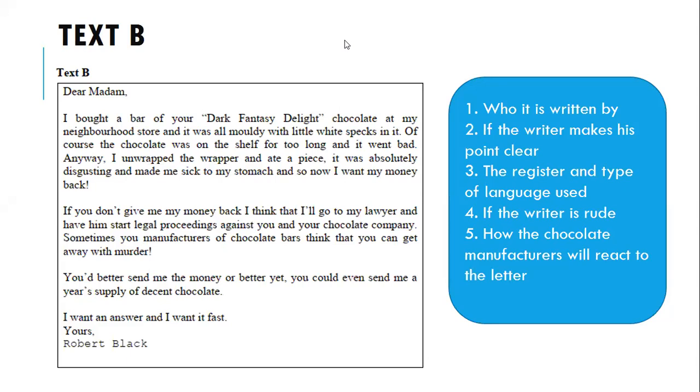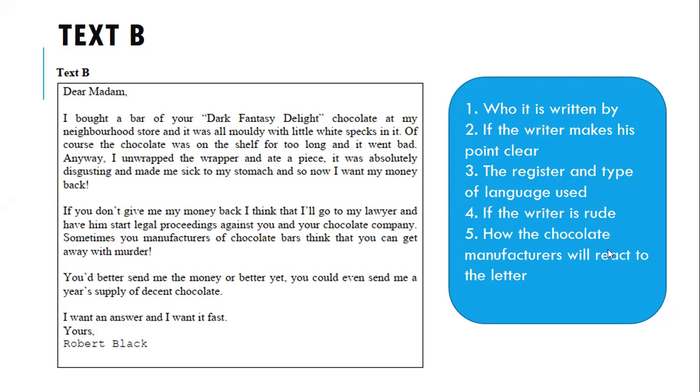But still, even though it is an informal letter, there should not be any contraction. Jadi meskipun informal letter, tidak boleh ada singkatan-singkatan seperti I'll, tetap aja ditulis I will. You'd better, you would, or you should better send me. Okay. Yes, this is informal letter.